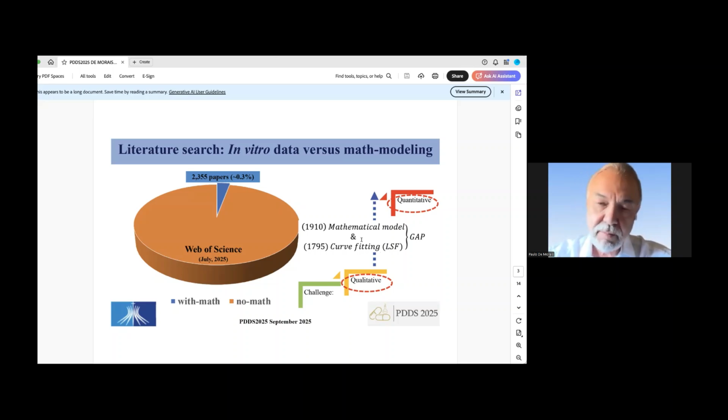So then, in conclusion, we have the two pieces to bridge this gap, taking from a qualitative analysis to a quantitative analysis.